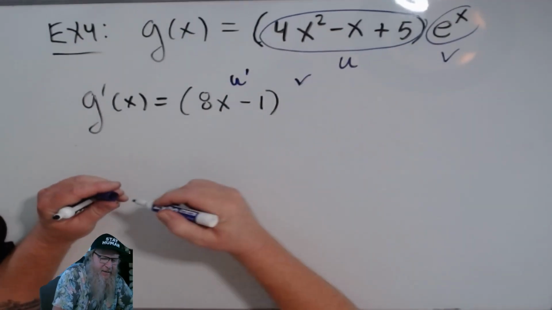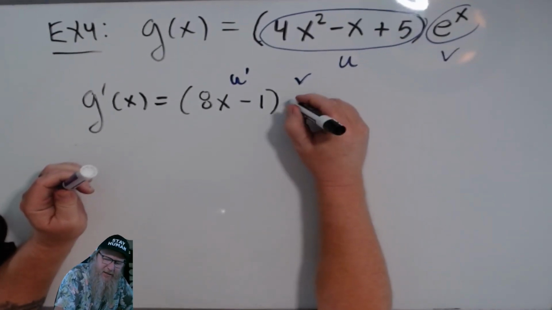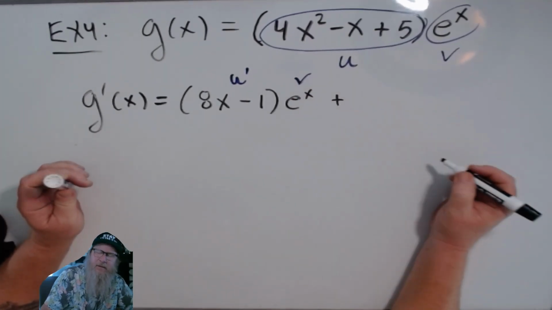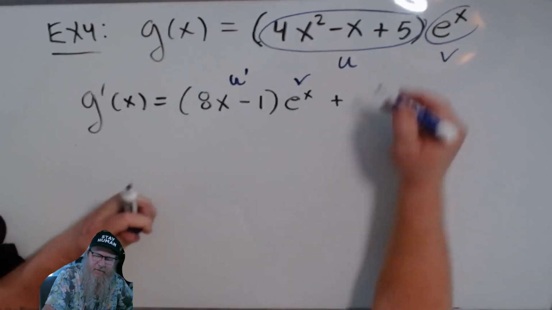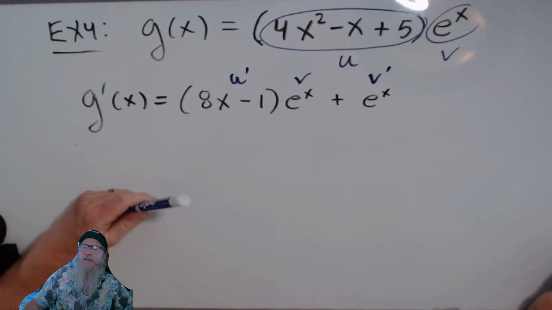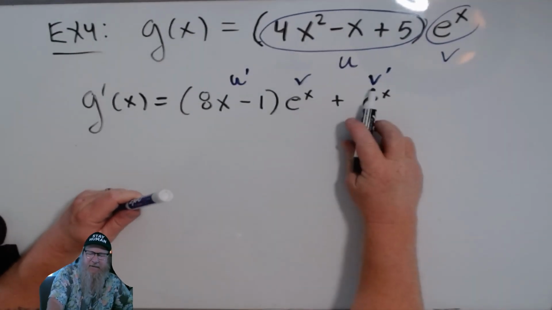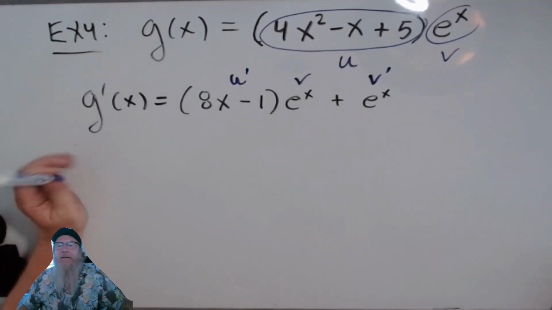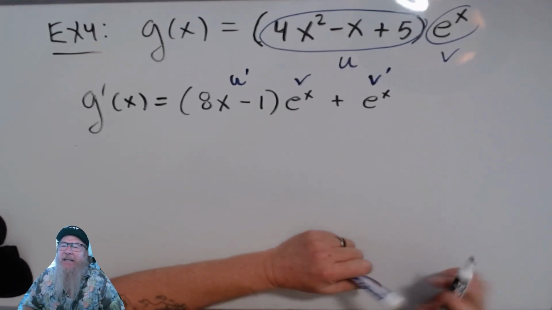And then v. v is just e to the x. And then v prime. Hey, v prime is just e to the x also. So v and v prime are the same thing. That's the magic of e to the x.